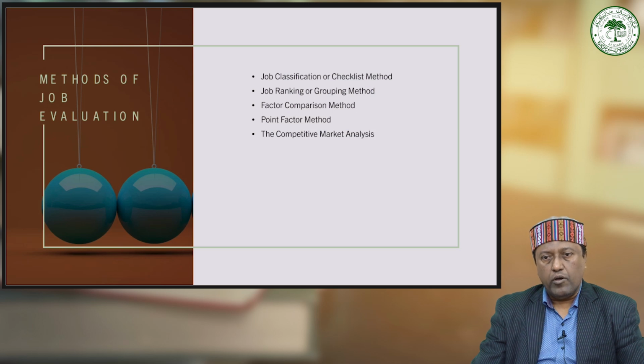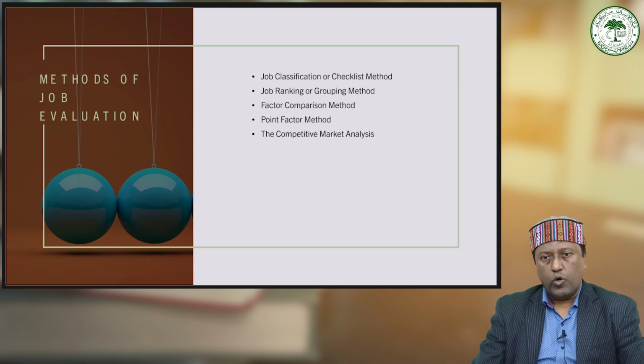These scales are then used to evaluate and assign monetary values to all other jobs within the organization. Then the next step is application to other jobs. All other jobs are fitted into the scales obtained for the key jobs. The remuneration for each job is determined by considering the job's characteristics in relation to the identified factors. This process ensures consistency and comparability across different roles within the organization.